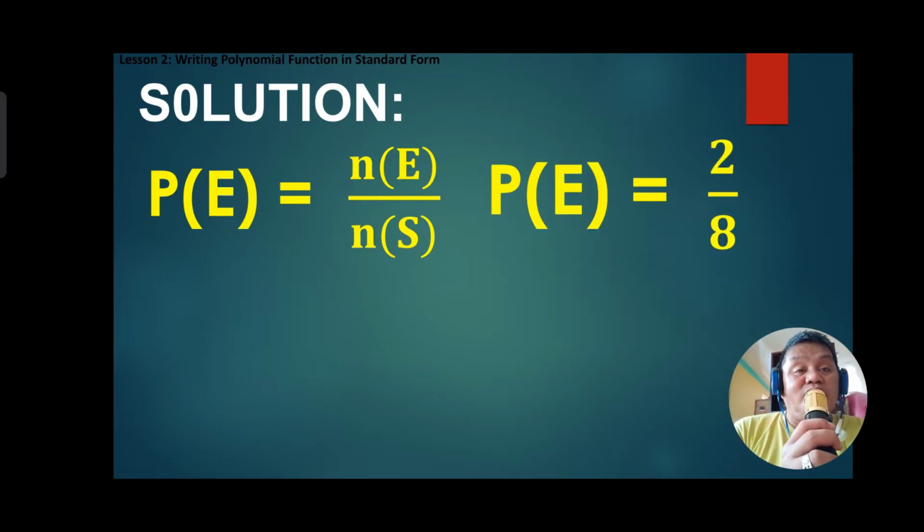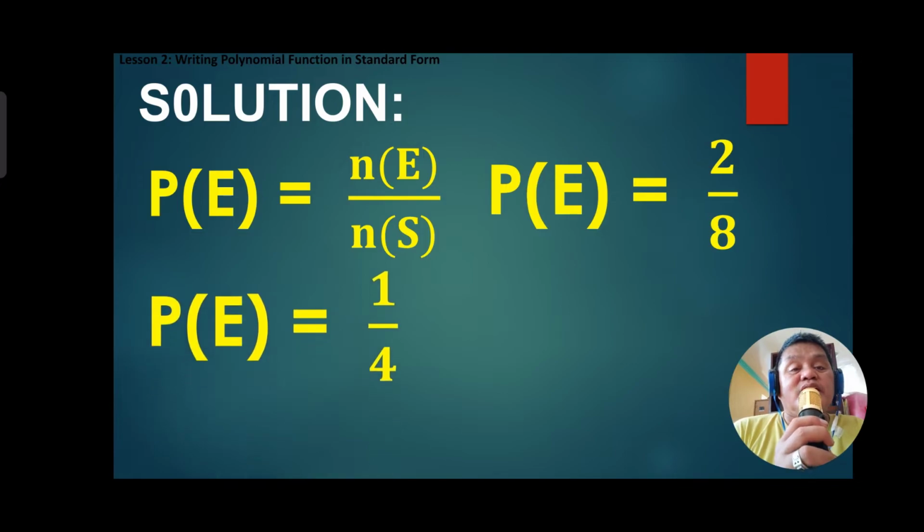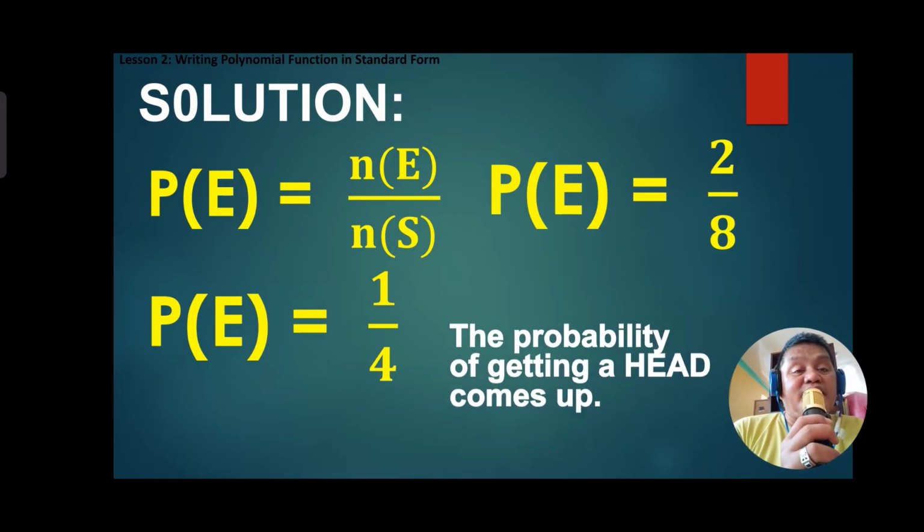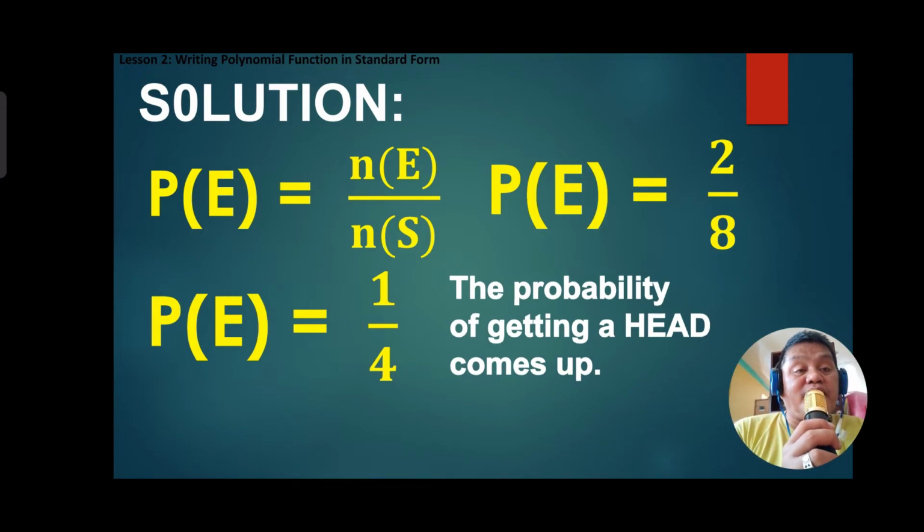So there are 2 outcomes of the event over 8 outcomes in the sample space. The probability of getting a head is equal to 1/4, because if you reduce 2 over 8, that is equal to 1/4. This is the probability of getting a head comes up. So we have 1/4.